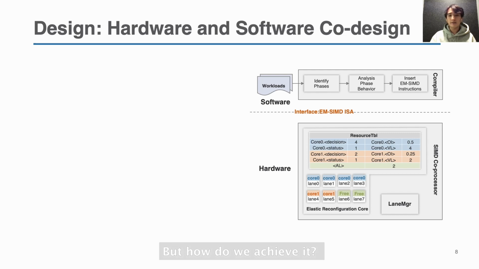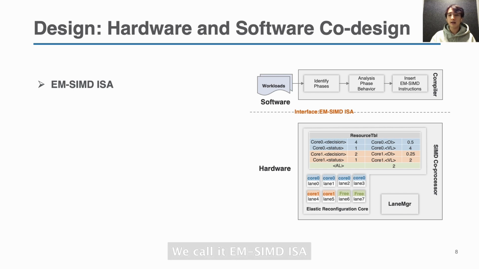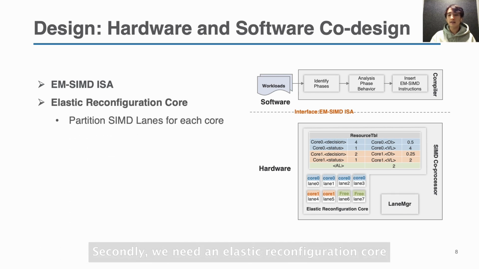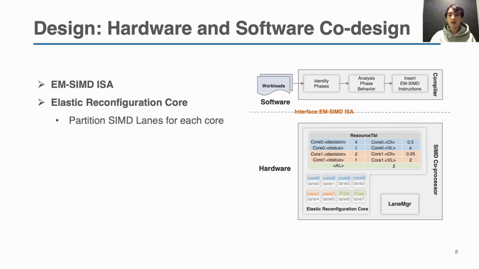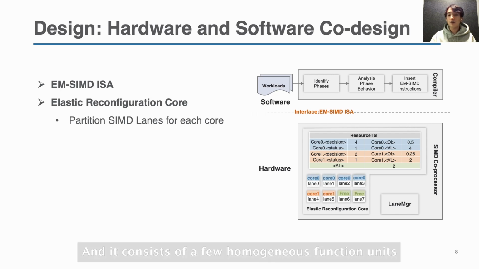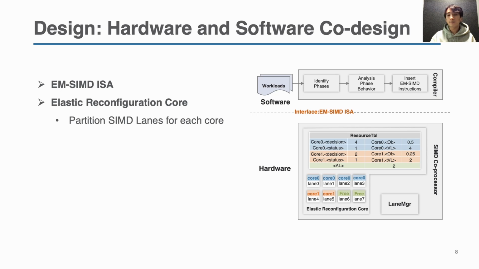But how do we achieve it? Firstly, we need an ISA as an interface between hardware and software. We call it EM-SIMD ISA. Secondly, we need an elastic reconfiguration core. It has a result table to record phase behavior, SIMD length and some necessary information, and it consists of a few homogeneous function units that can be assembled into SIMD data paths of varying widths according to the result table.